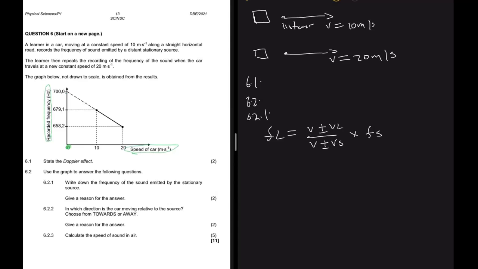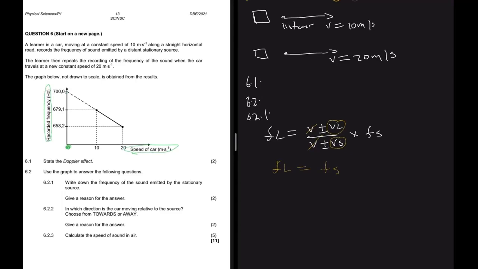For that, we need VL, the velocity of the listener, to be equal to the velocity of the sound source, so that the V's cancel out and at the end we have FL equals FS. As far as we know, the velocity of the sound source is 0, because it's stationary. So we go to the graph and look at a point where the velocity of the car is 0, so that the frequency of the listener can be equal to the frequency of the sound source.